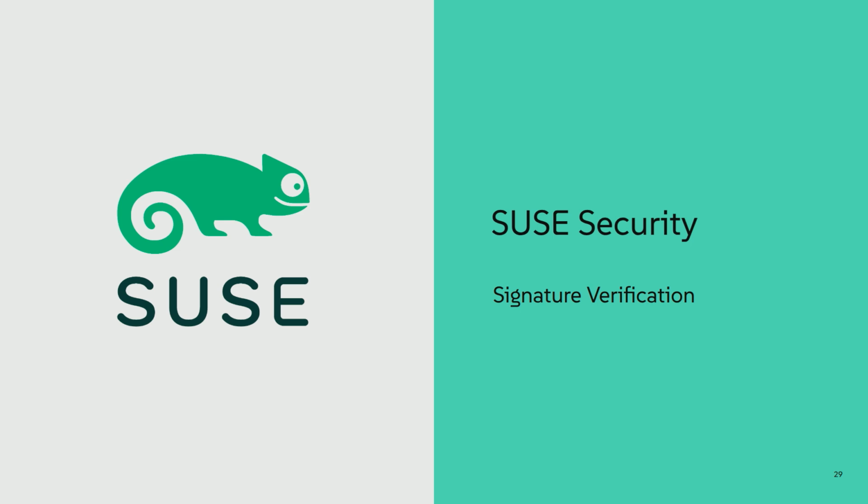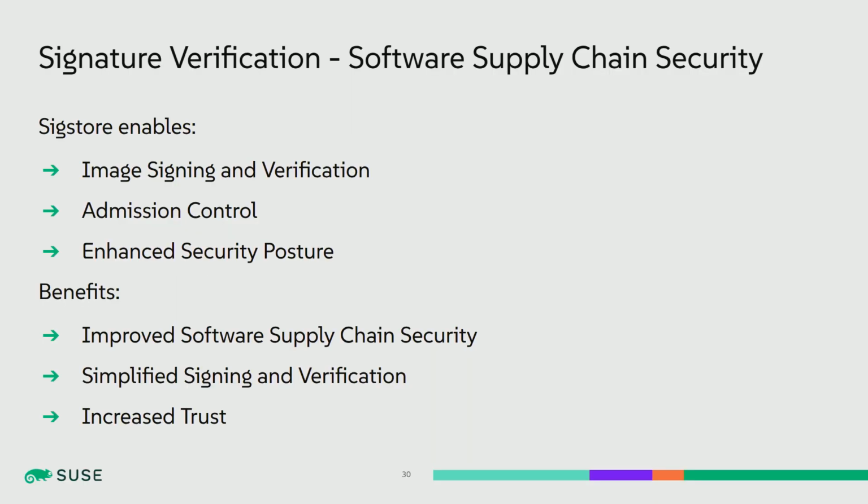So you can use various different tools. Cosign is one of them, for which we have a Sigstore signature verification component built in. So with Sigstore verification, you can ensure that image signing and image verification, both capabilities are available to you.